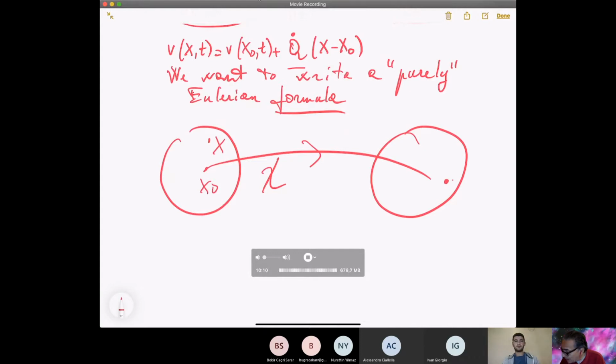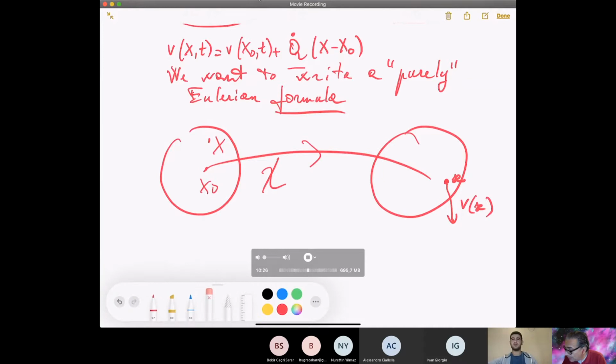Then I place here in the position small x. And I want to write a formula which gives me the velocity v of the material particle, which at instant t is located in x, small x.